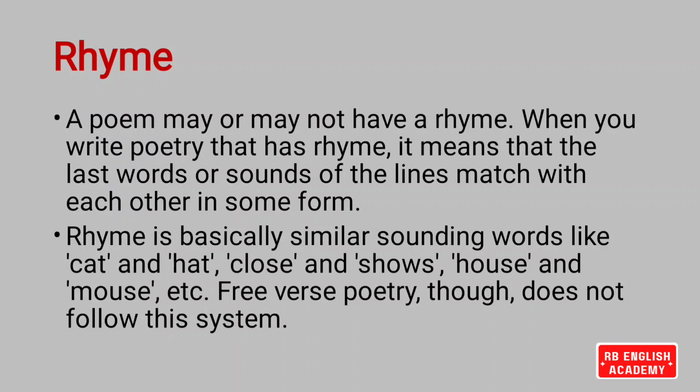For example, rhyme is basically similar sounding words like cat and hat, clothes and shoes, house and mouse, etc. Free verse poetry though does not follow this system. Except free verse, all the other types of poem will have rhythm and rhymes.